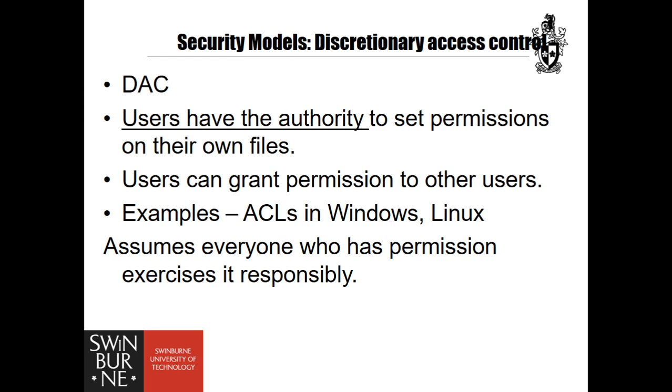In this control, users have the authority to set up the permission on their own files. The user also can grant permission to other users, for example, ACLs in Windows or Linux. It assumes everyone who has permission exercises it responsibly.